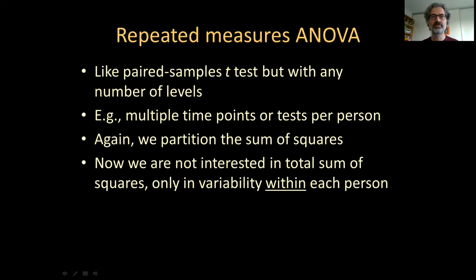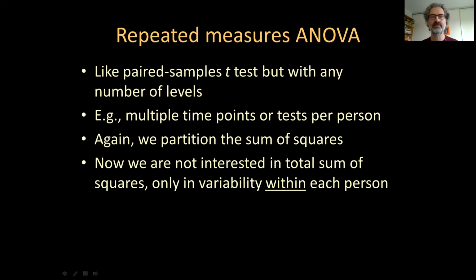Rather, we're interested in the variability within each person. We're not interested in differences between participants, between different children. We're interested in the differences between time points or between tests for individual persons on average.